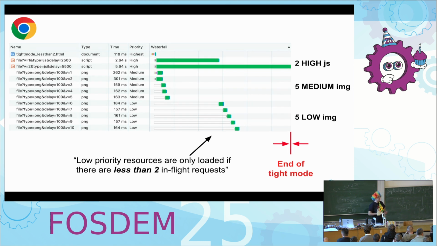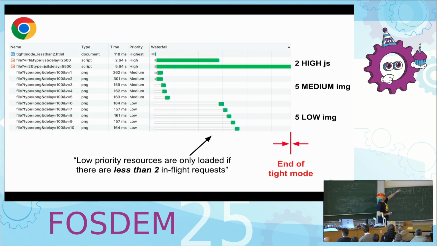Now let's get to that weird last sentence of that paragraph that I showed before, right? Low priority resources are only loaded if there are less than 2 other in-flight requests. So what I've done here, it's the same page, but I've just delayed the first JavaScript a bit less. It already returns after, I guess, 1.5 seconds. But the other one keeps running.